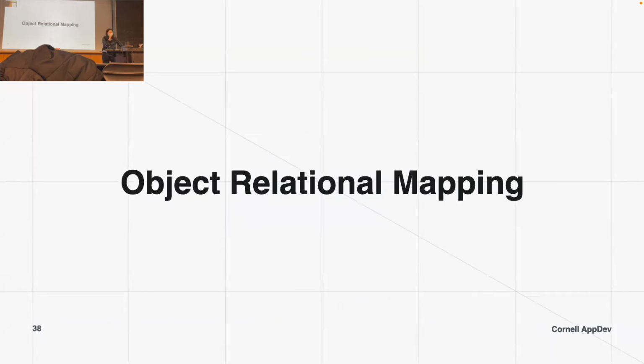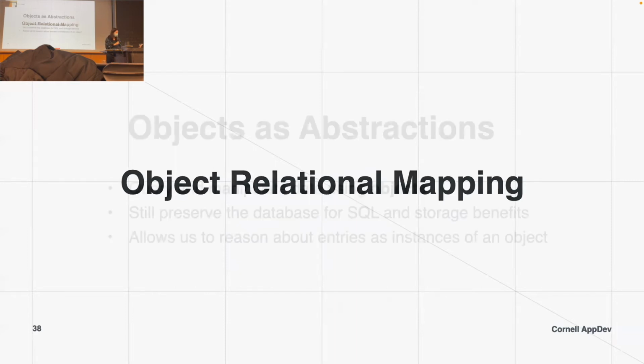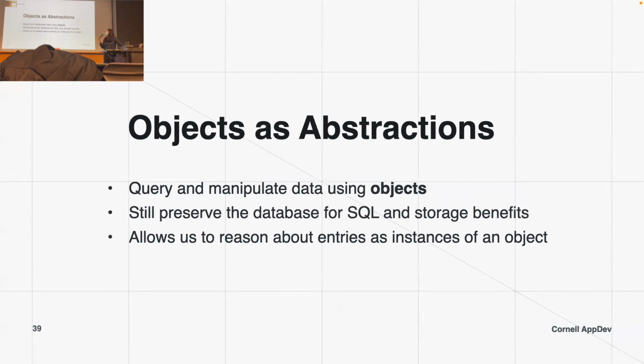And to fix all that, we do what's called object relational mapping, or an ORM for short. So what is an ORM? An ORM is basically taking an object and abstracting it. So instead of doing SQL commands directly, we can query and manipulate it as objects.